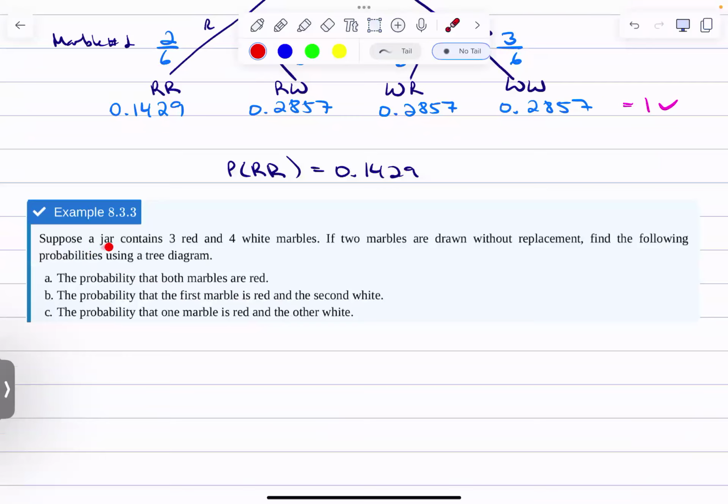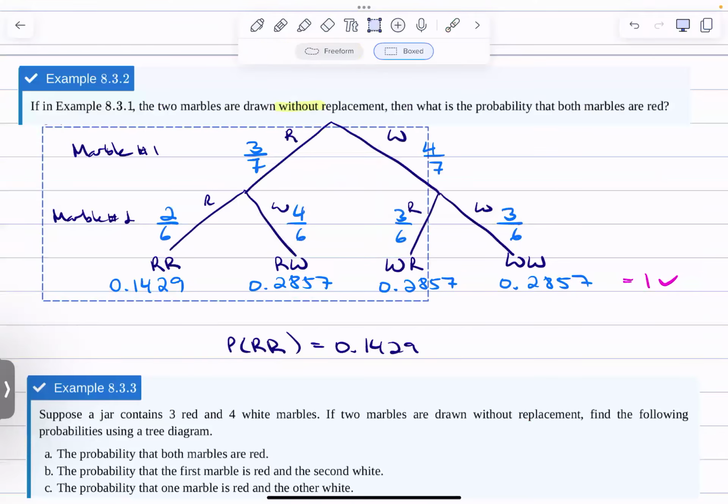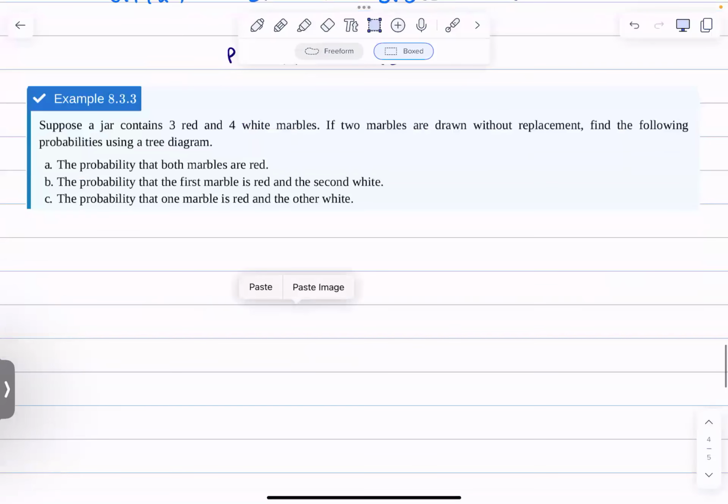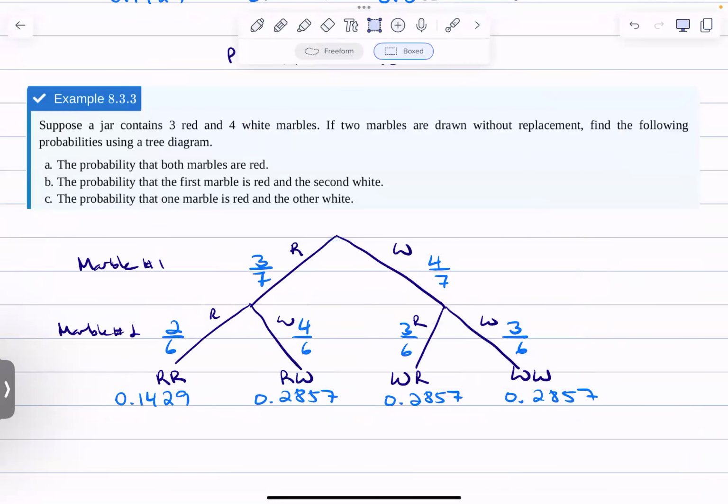We have the same jar with the same marbles, 3 red and 4 white marbles. If 2 marbles are drawn without replacement, find the probabilities using a tree diagram. Now this is the same tree, so that's what I mean by once you've made the tree, you can use it to answer lots of different questions.